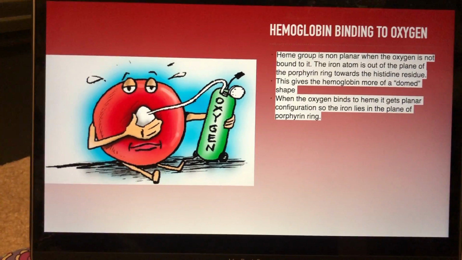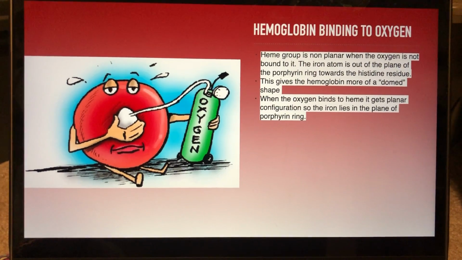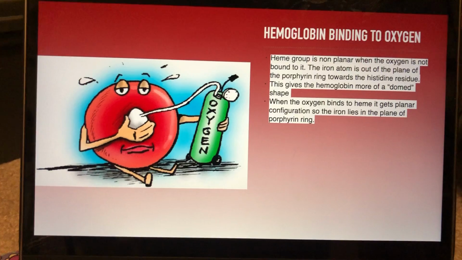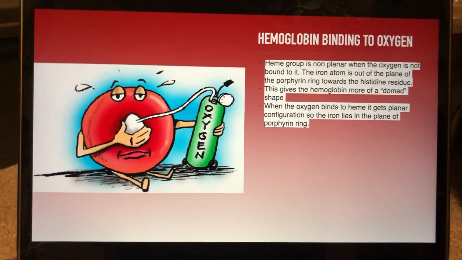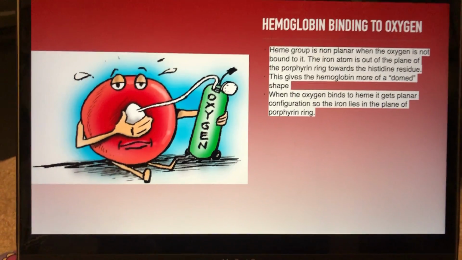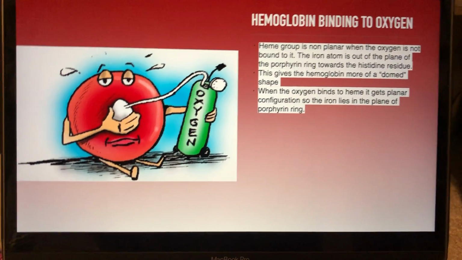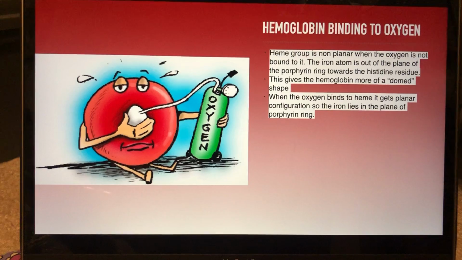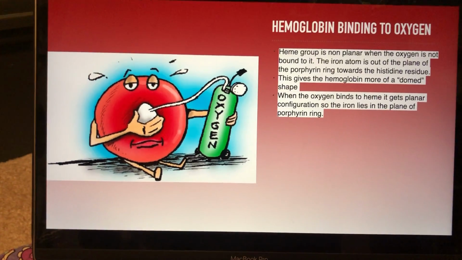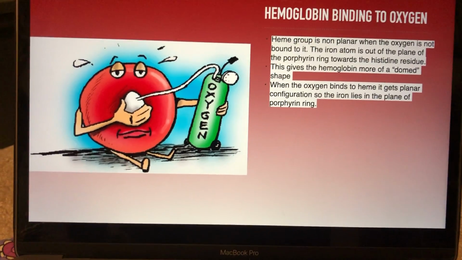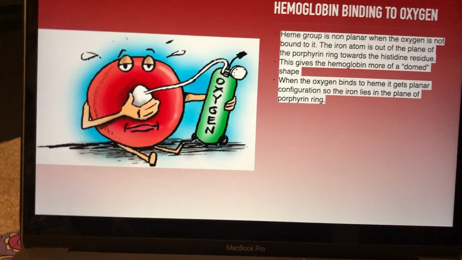That iron atom is actually out of the plane of the porphyrin ring, kind of up towards the histidine, and this gives the hemoglobin a dome-shaped appearance. Then when the oxygen binds, the heme becomes more of a planar configuration, so that iron comes down and lies in the plane of the porphyrin ring.